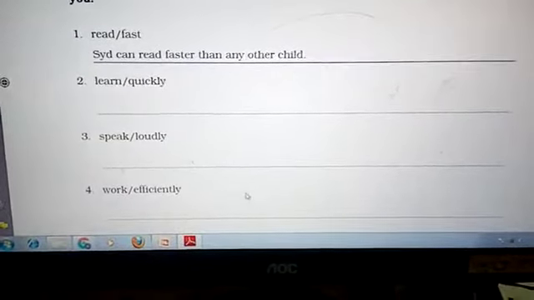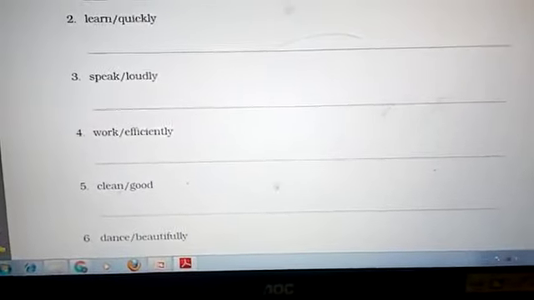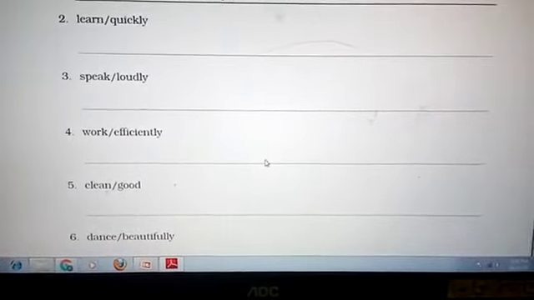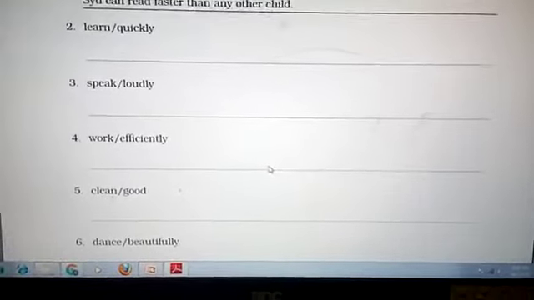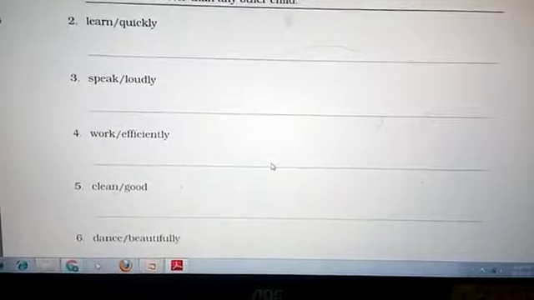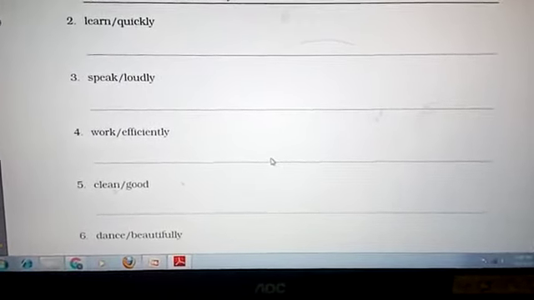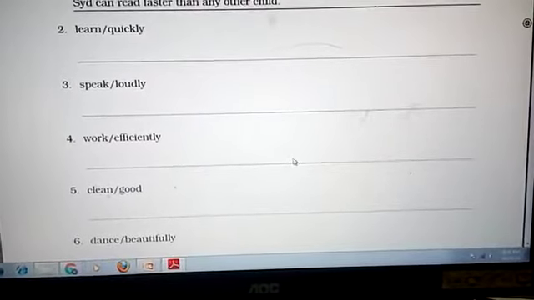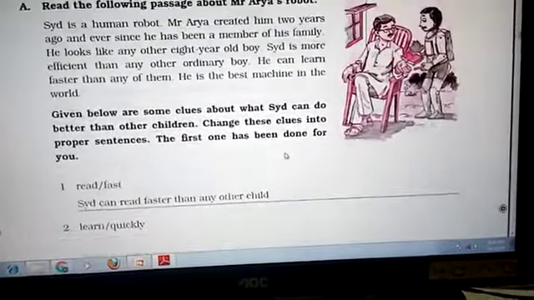That is based on the syllable of the word. More or most are used to convert those words which have two or more syllables into comparative and superlative degrees.